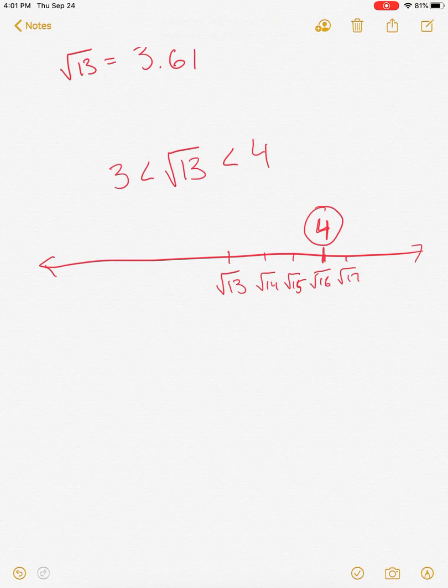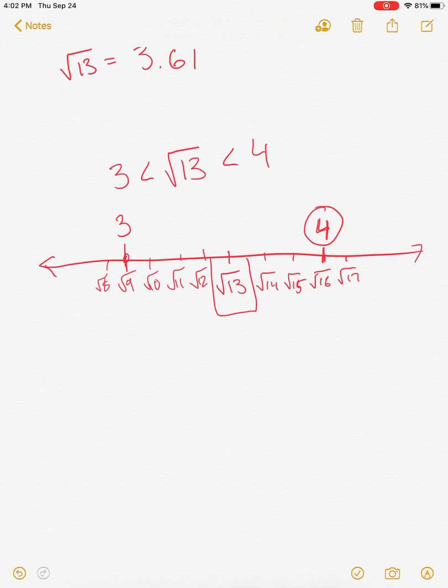And then to the left of square root 13 is square root 12, square root 11, square root 10, square root 9, square root 8. And I know my first perfect square left of square root 13 is going to be square root 9. So that's 3.